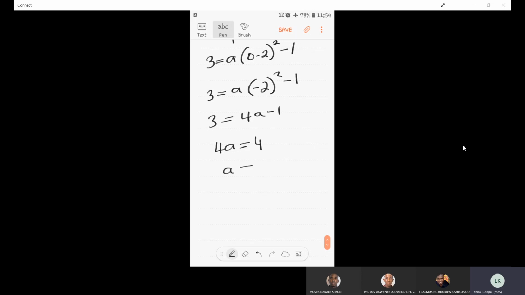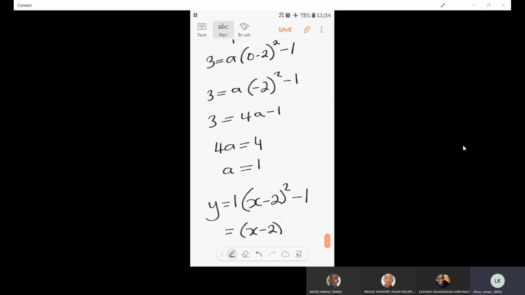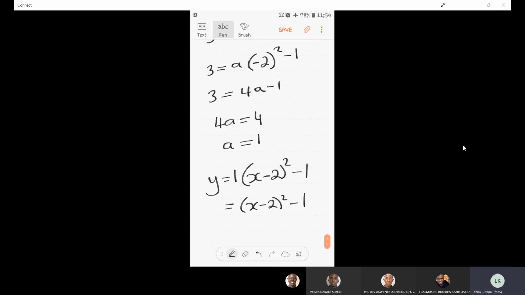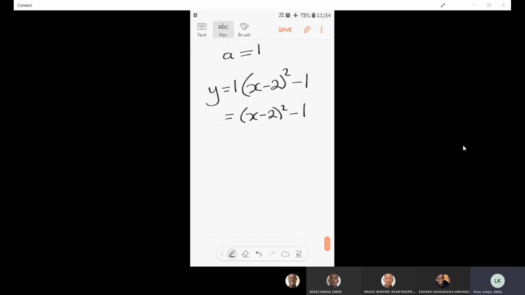Then divide by 4, we get a is equal to 1. So then the equation of this parabola will be a, which is 1, (x minus 2) squared minus 1, which is just (x minus 2) squared minus 1.